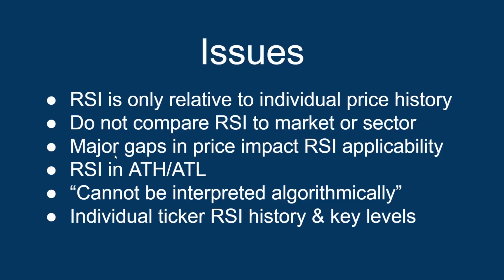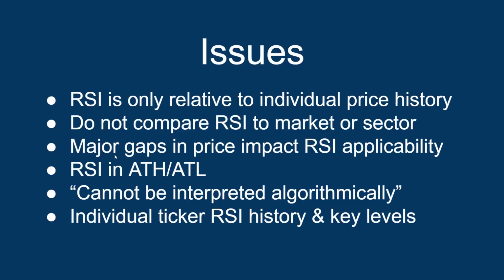We need to be considering all of these different aspects together, which make RSI very subjective and very, very difficult to use algorithmically beyond just, is this sub 30 or is this above 70? Now, we can't really rely on those either because, as we discussed in all-time high, all-time low conditions, extreme cases can often negate the applicability of RSI.